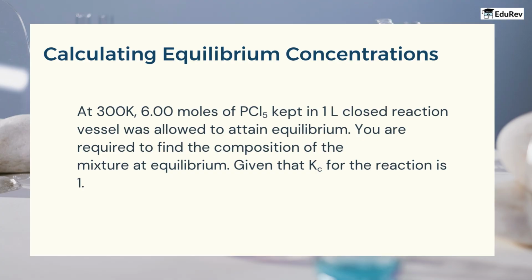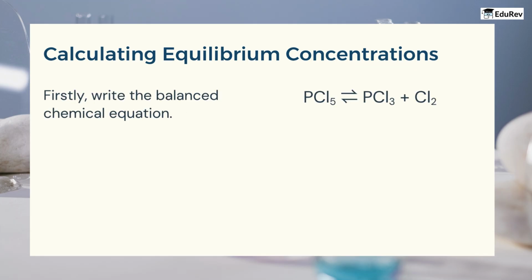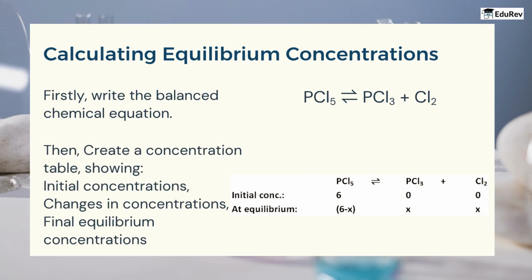Let's learn how to calculate equilibrium concentrations with the help of an example. Pause the video and read the following statement carefully. Now let's proceed. Firstly, write the balanced chemical equation. Then, create a concentration table showing initial concentrations, changes in concentrations, and final equilibrium concentrations.